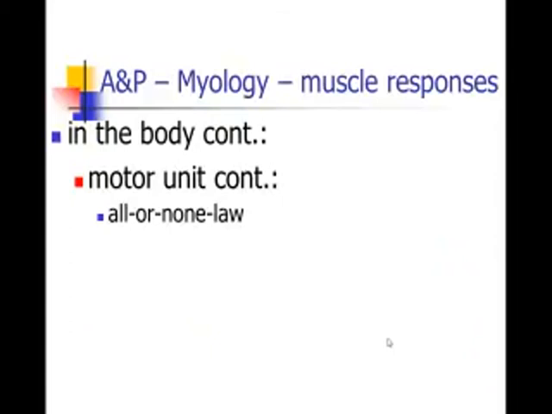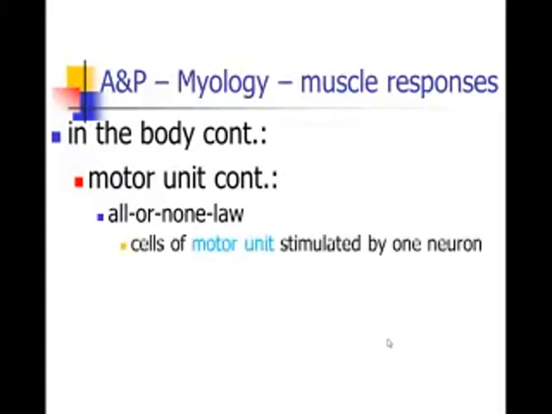So the all or none law applies to the motor unit, and what that means is that when a neuron stimulates those muscle cells, there's always enough stimulus to cause all of the cells to contract. So there's no varying amount of stimulation needed.